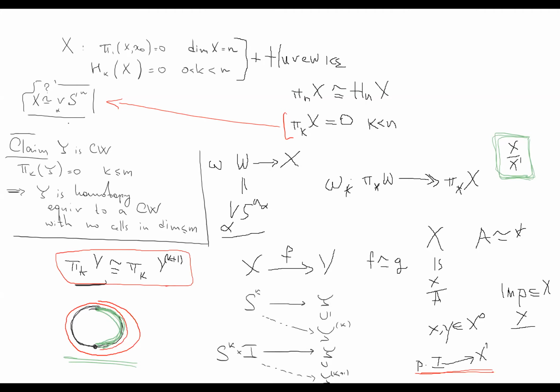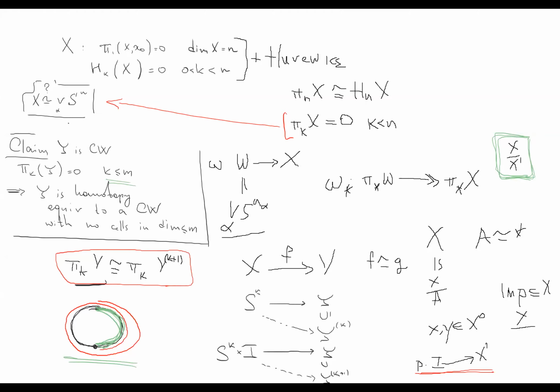Okay, so now we want to pass in this statement from m equal to 0 to m equal to something, for example, 1. Suppose we have a simply connected CW complex.